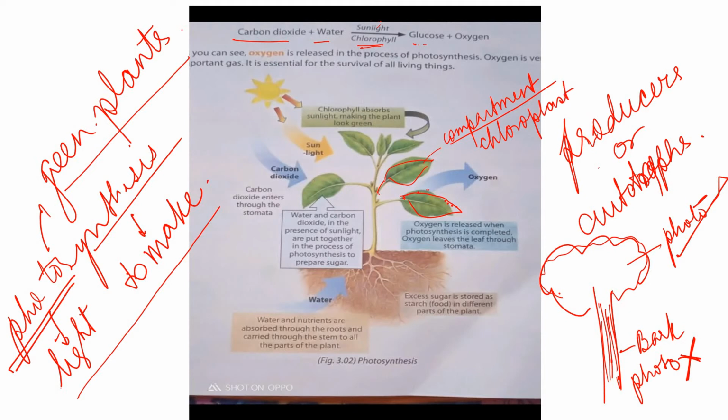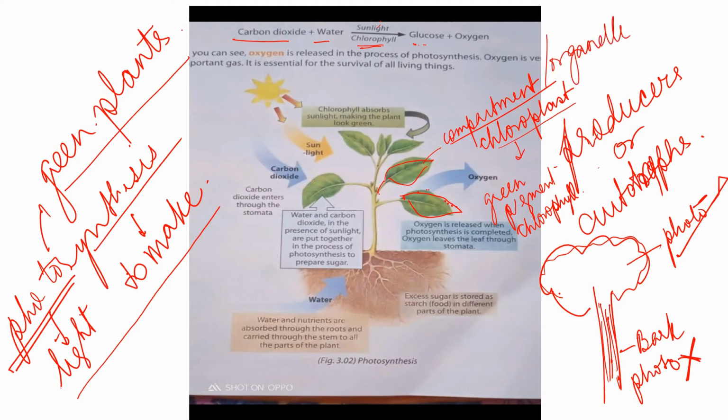Okay, this is a compartment which is present in all the green plants, which is called the chloroplast, and inside this chloroplast you have the green pigment called the chlorophyll.